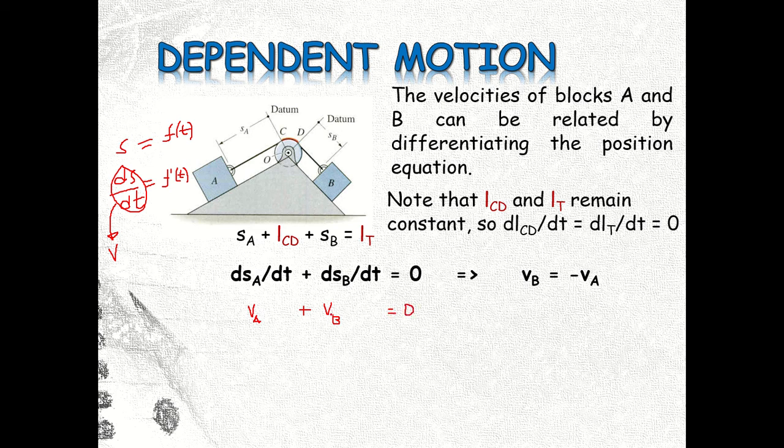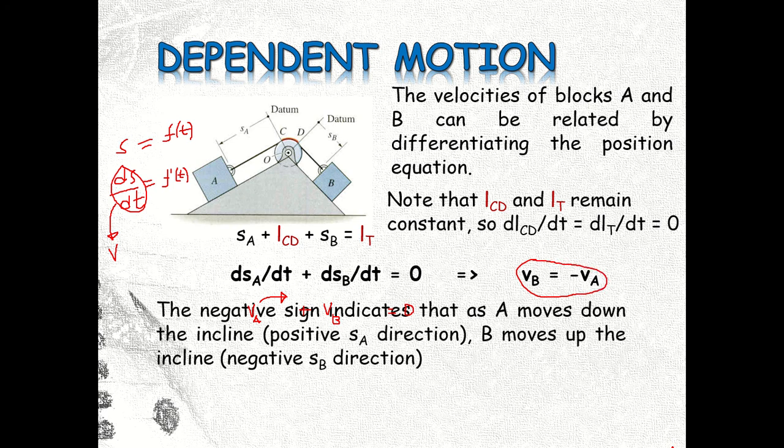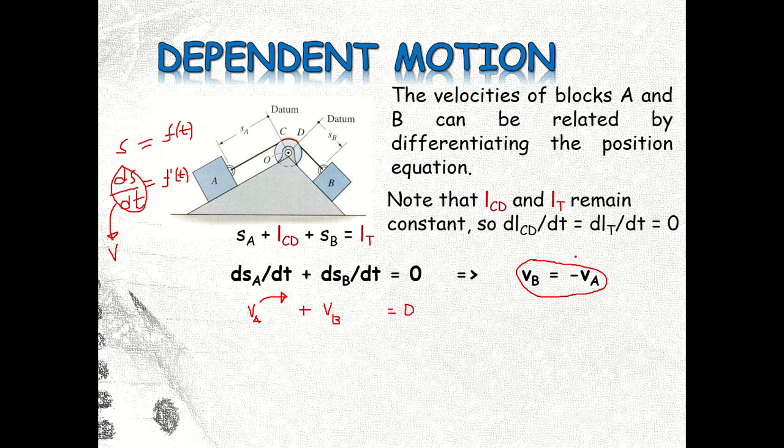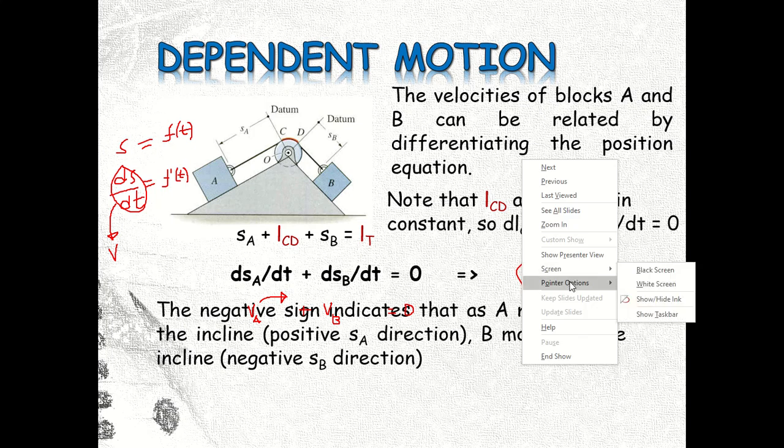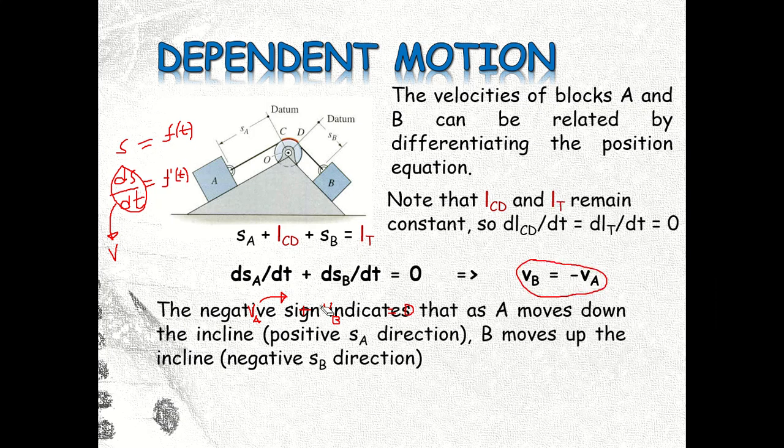When you transpose this to the other side, you get the velocity of block B equal to negative the velocity of block A. So this becomes the equation. Okay, so the negative sign indicates something. What does it indicate?